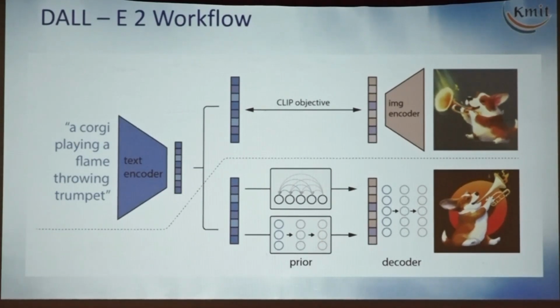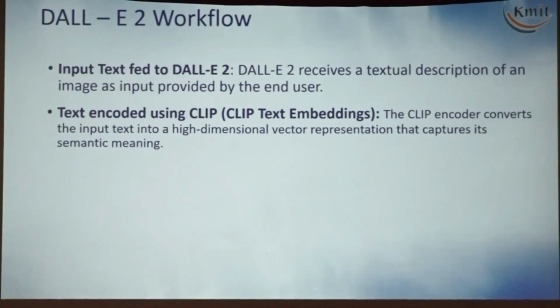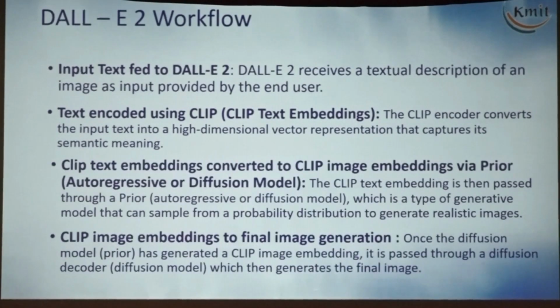The difference between Dall and Dall 2 is here. See here, this is the architecture. Input text is fed to Dall and given to the encoder part, and the text is encoded using clip architecture. Then the clip text embeddings are converted into clip image embeddings.